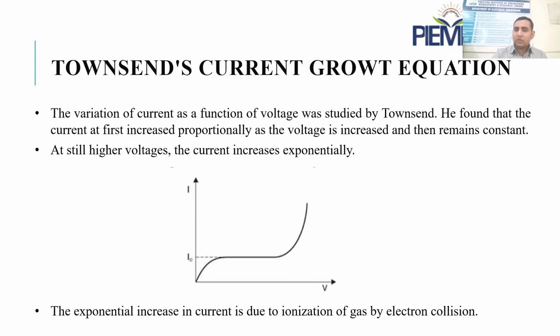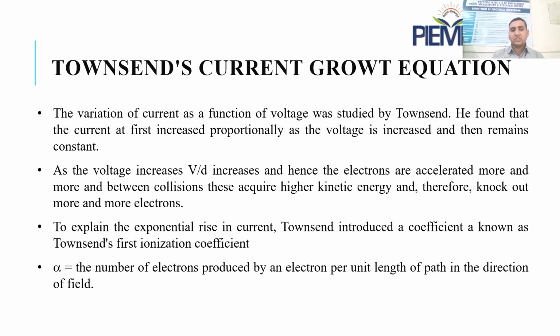This curve shows how the voltage is incremented for a given current. At a particular current I0, the current is constant over a range of voltages, and after a threshold is passed, the current accelerates very high. This exponential rise of current must be noted in the current growth equations, where we show the variation of current as a function of voltage, as studied by Townsend.